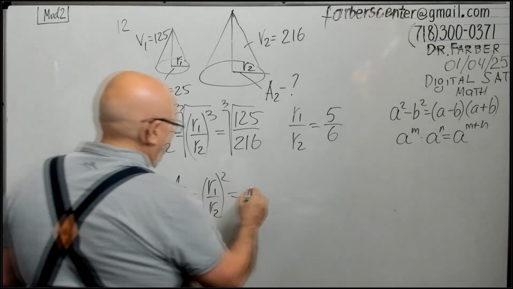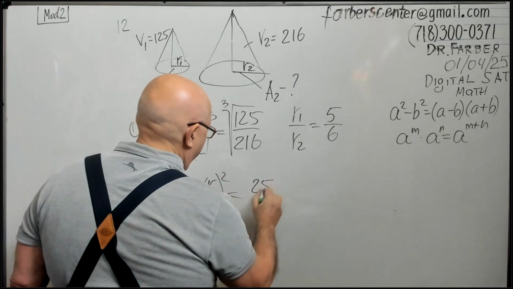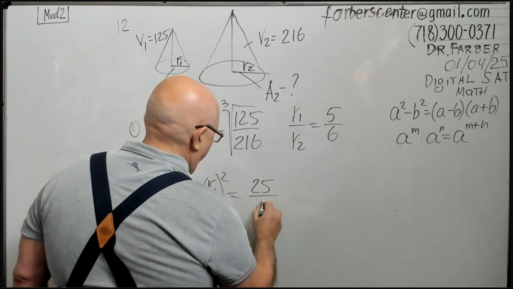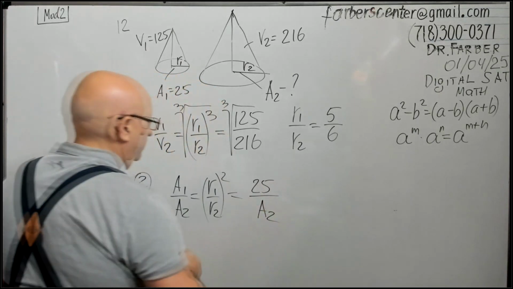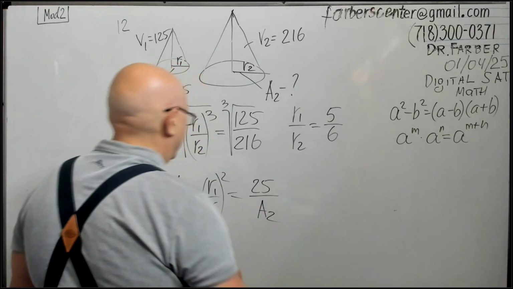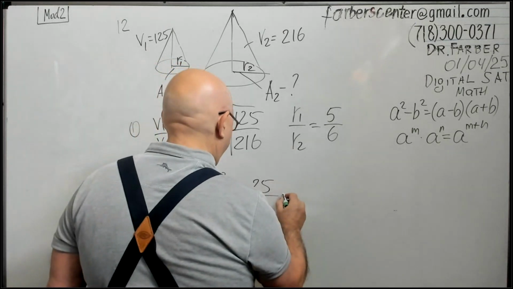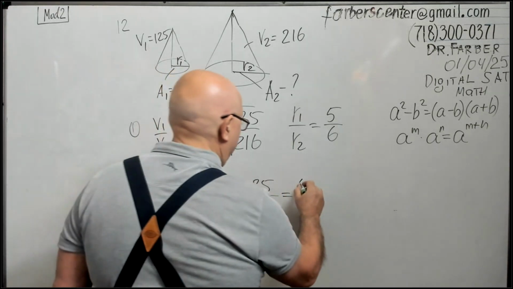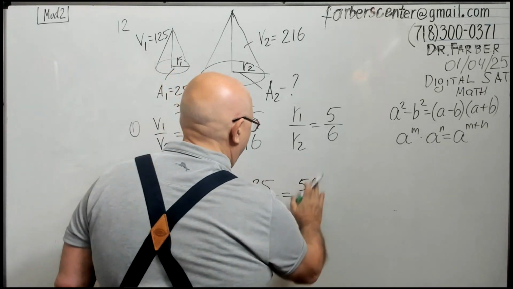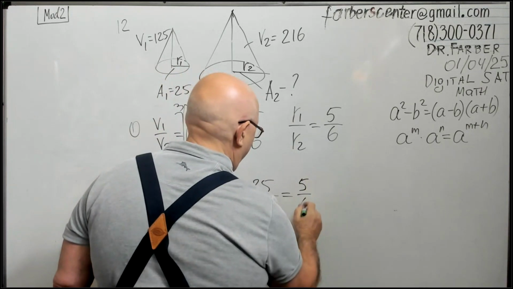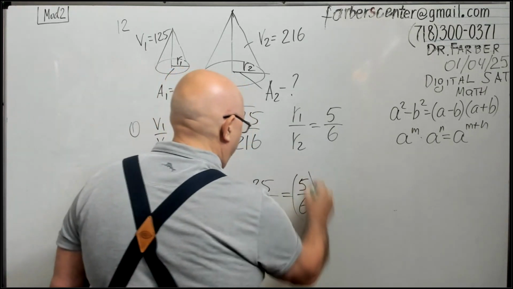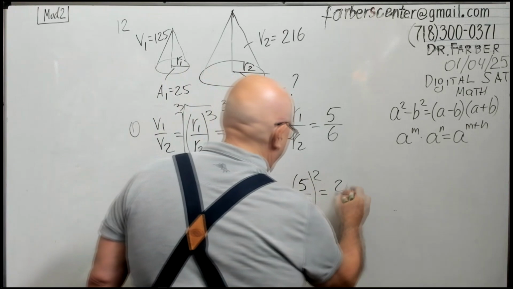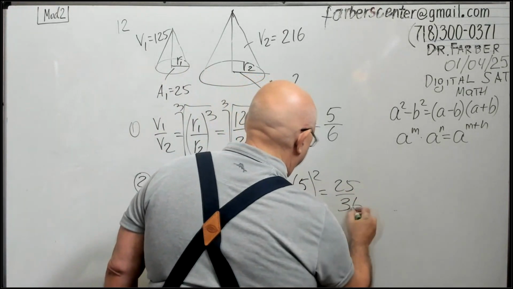Area 1 is 25 over A2, or R1 over R2 is 5 over 6. 5 over 6 to the second power, which is 25 over 36.